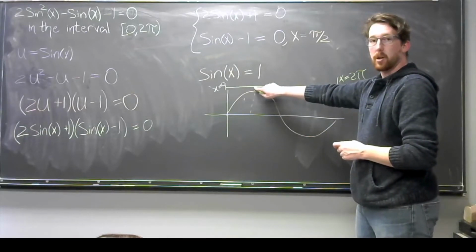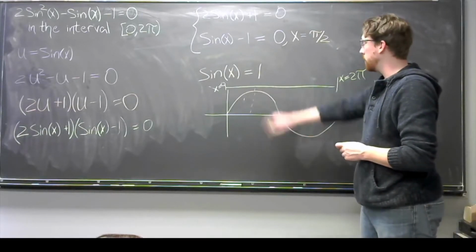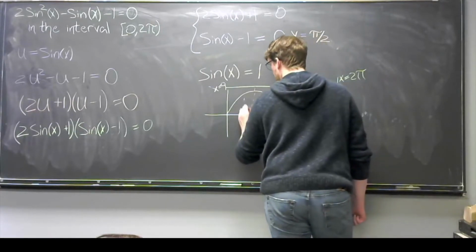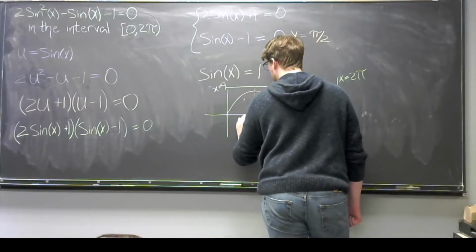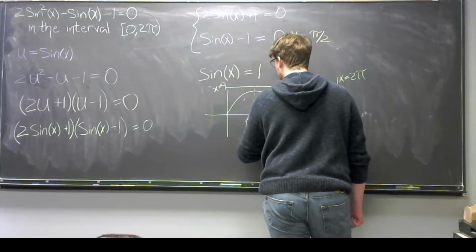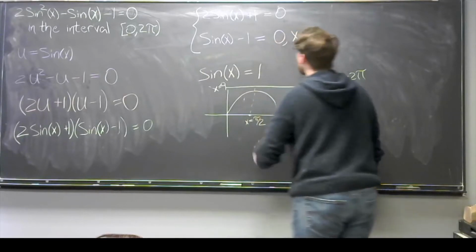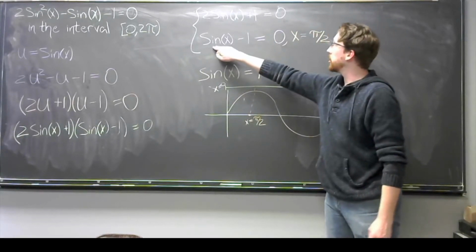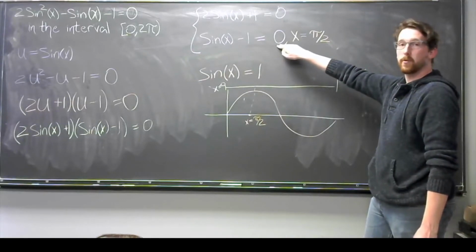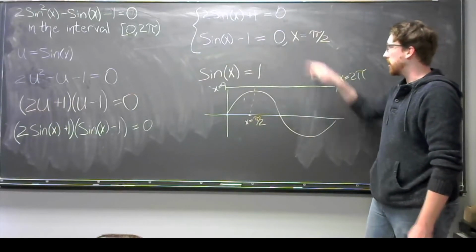And right here is where sine is equal to 1. This is the case where x is equal to pi over 2. So the solution to this first part is just going to be x equal to pi over 2.